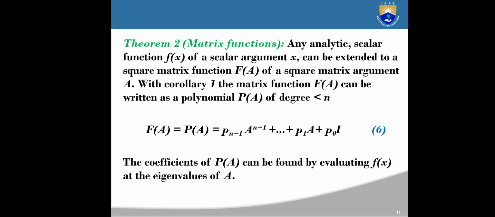Theorem 2. Matrix function. Any analytic scalar function of a scalar argument x can be extended to a square matrix function f(A) of a square matrix argument A. With corollary 1, the matrix function f(A) can be written as a polynomial p(A) of degree less than n. f(A) equals p(A) equals p_{n-1} A^{n-1} plus and so on up to p_1 A plus p_0 I, where A is the matrix and I is the identity matrix.